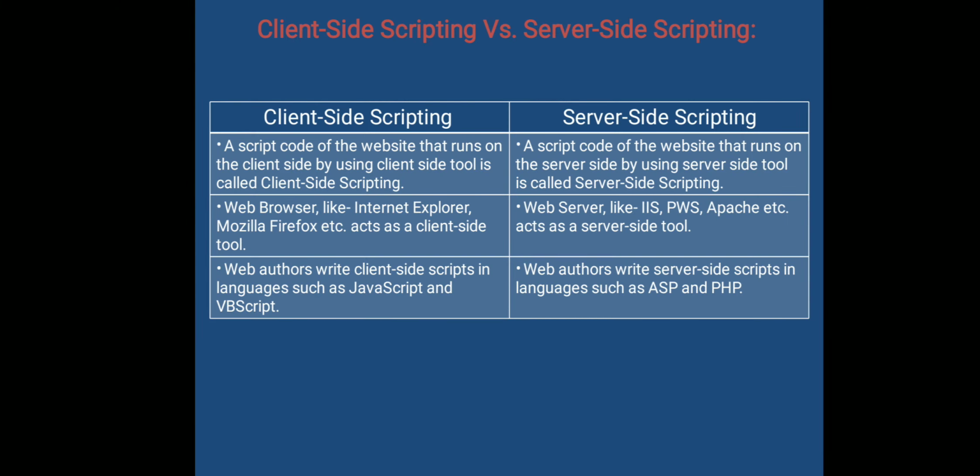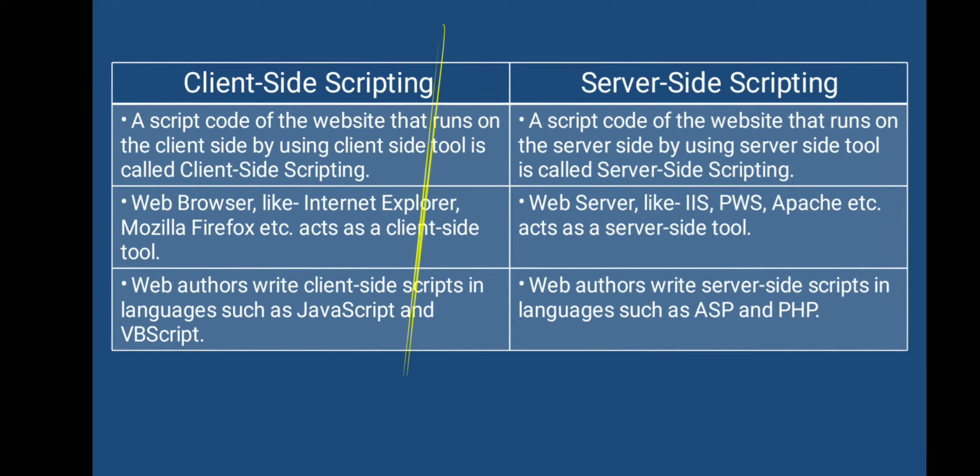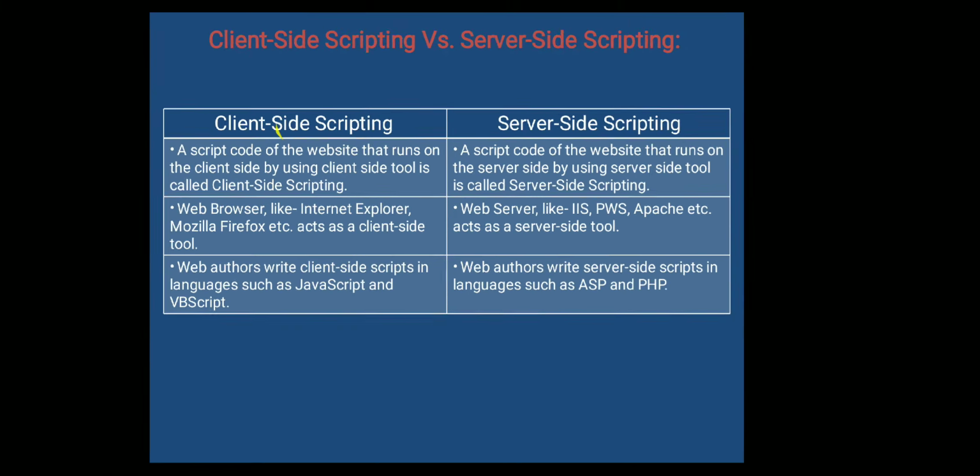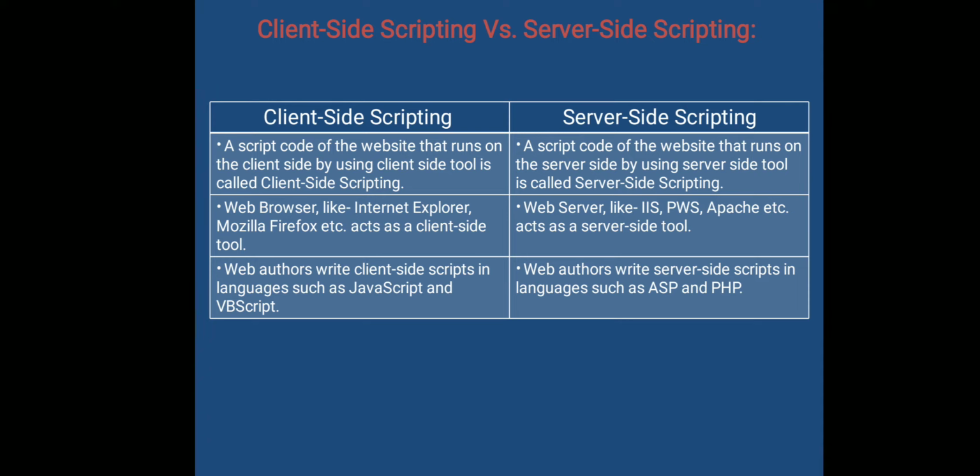Now we'll see what is the difference between client-side scripting and server-side scripting. If the script is executed by the client, then the script is known as client-side script. And if the script is run by the server, then it is known as server-side script.